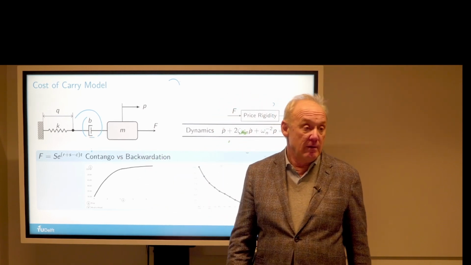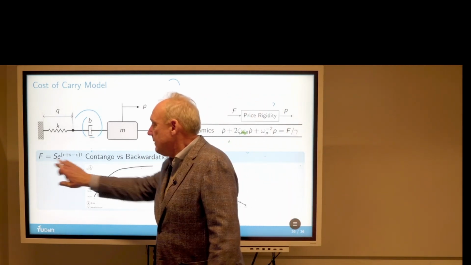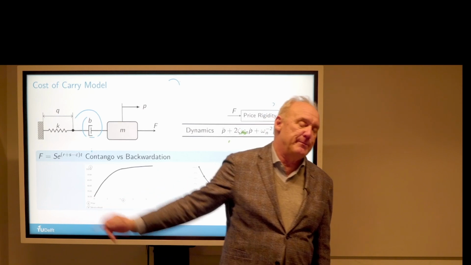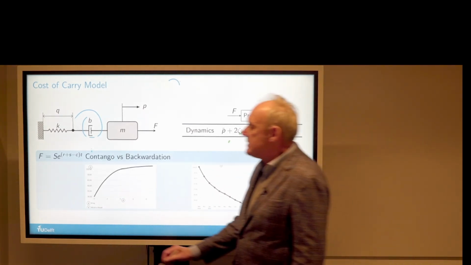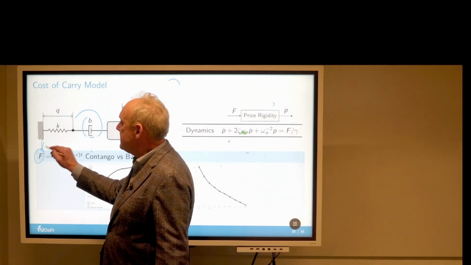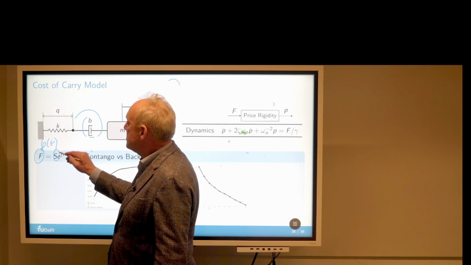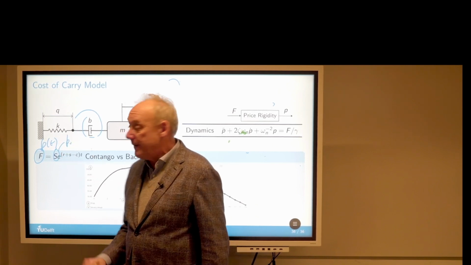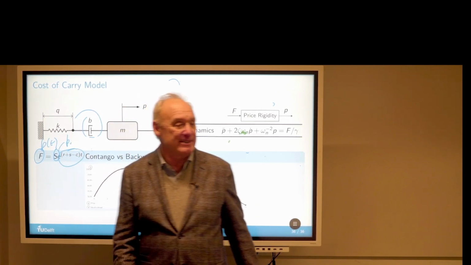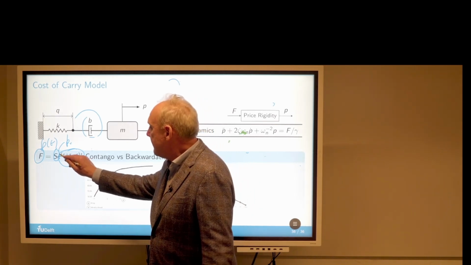Now, this is the equation from Wikipedia, this is how they write it. They say the future price, the price at some time t, is equal to the spot price, that's our P0, times this factor. And I left out a minus sign.